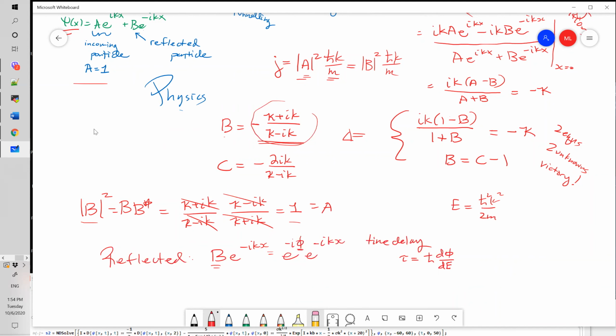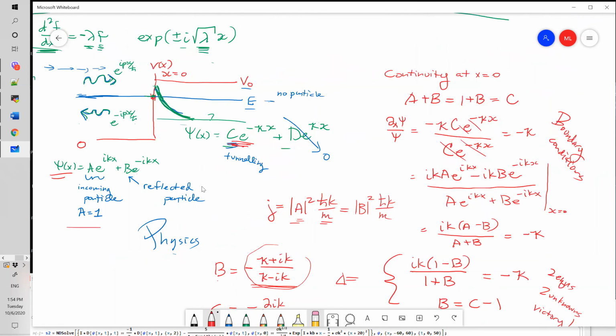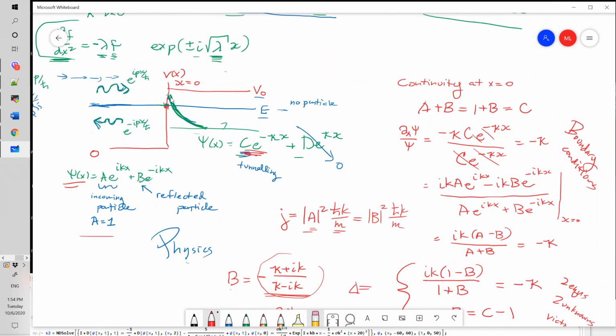So if we were to do the wave packet analysis of this, what would we find for the solution to the time-dependent Schrodinger equation? We'd find that a wave packet would come in here, it would get reflected, and none of it would go off to infinity, so everything will get reflected back. But because of this little tunneling effect, there'll be a little time delay in the time it takes for it to turn around, as soon as the particle hits here.